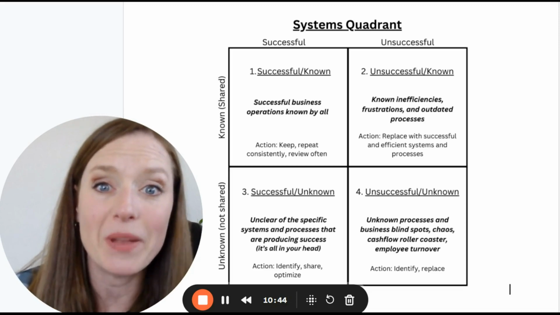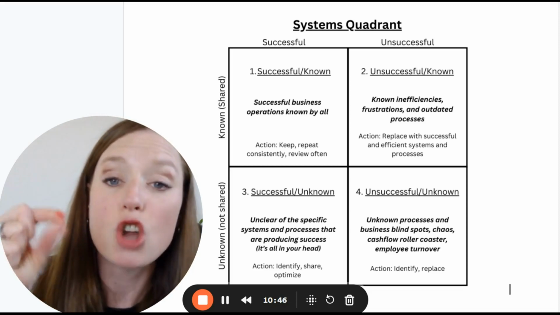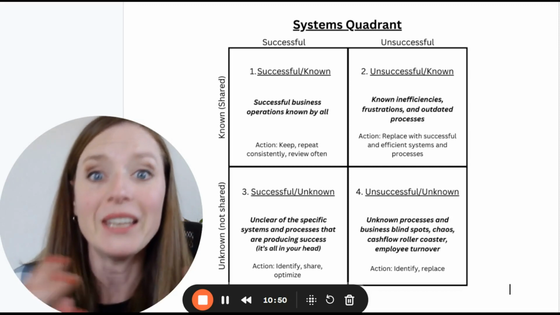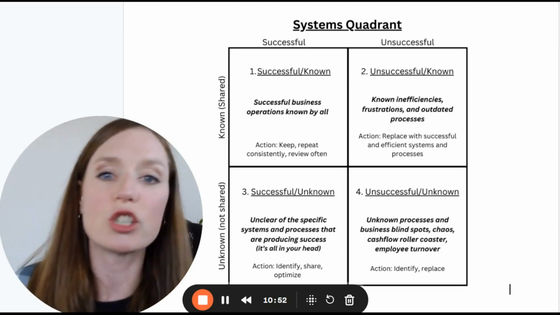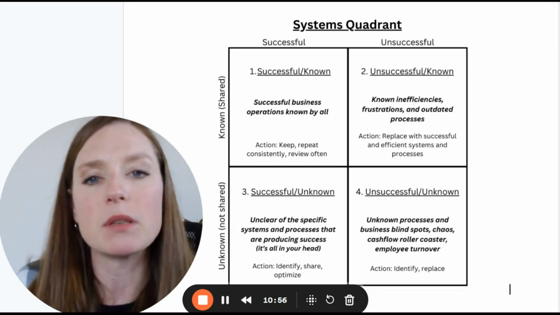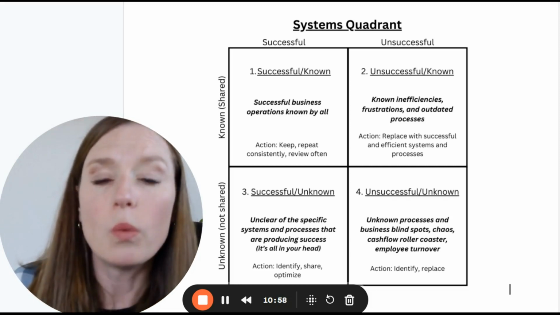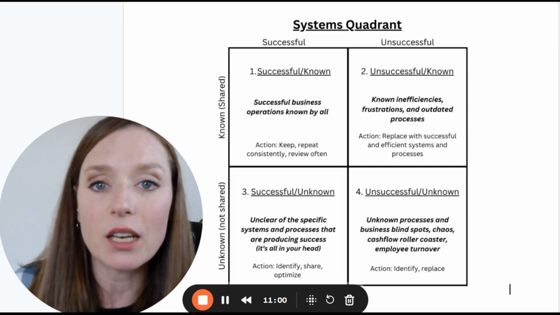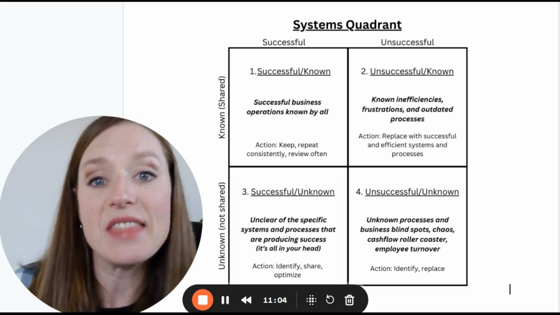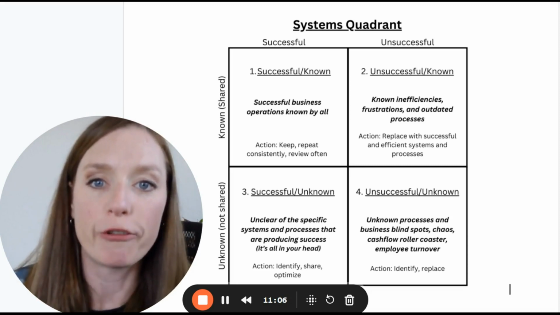However, most of the time, it's really just a small percentage of your overall business that is in quadrant 4. Now, we could just overhaul your entire business and put in systems everywhere and hope your business becomes a better business. Or we can be strategic and recognize which systems fall into which categories and then create the action plan from there.